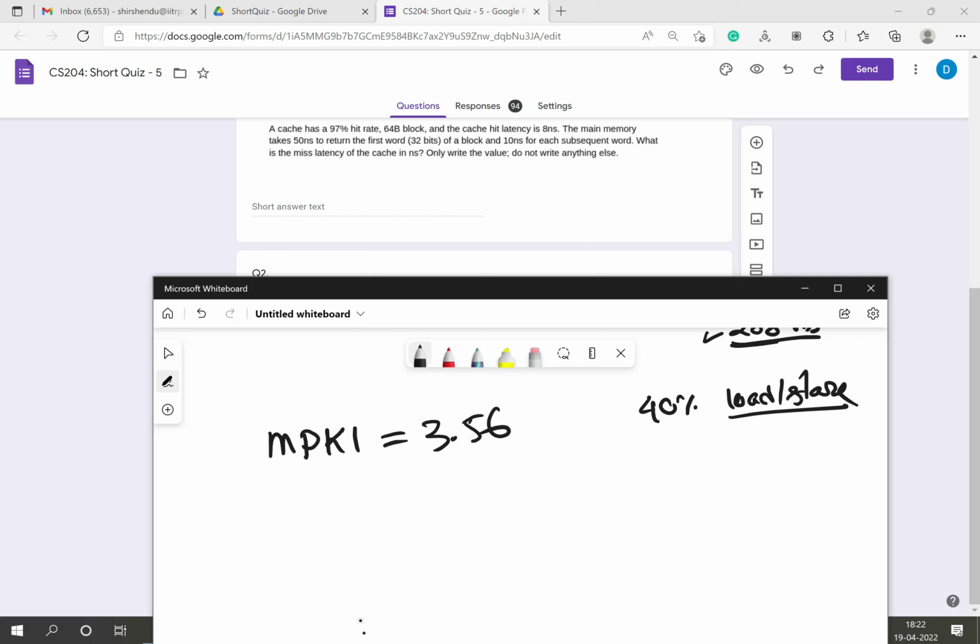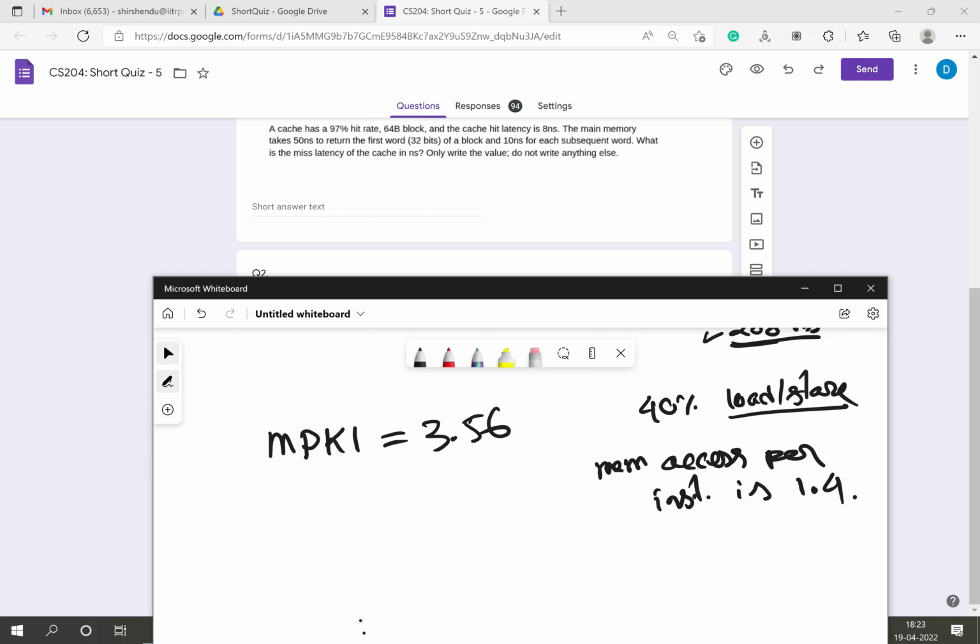Since 40% of instructions are load store instructions, we can say that memory accesses per instruction is 1.4. If there were no load store instructions at all, the memory accesses per instruction would be only 1, during the fetch. But since 40% are load store instructions, memory accesses per instruction is 1.4.